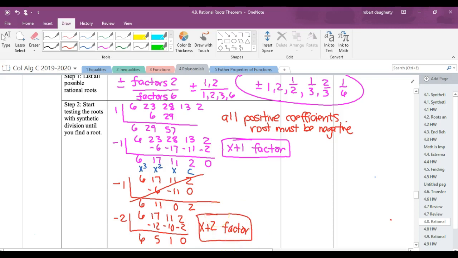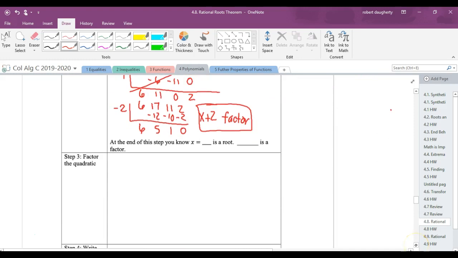So now, where am I now in this problem? This is where people start to complain about how long these problems take. At this step, I know that what are my roots? I know that x equal -2 is the root, x plus 2 is a factor, -1 is a root, and x plus 1 is a factor. Okay. So what is the factorization now?